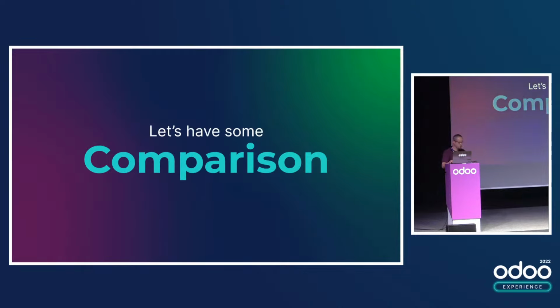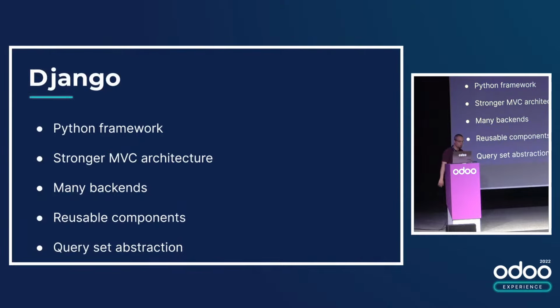So for the comparison, I'm going to go very quickly. I already mentioned Django. It's a Python framework like Odoo. It has, I'd say, a more rigorous MVC architecture. In Odoo, the view, the model, and the controller are somehow mixed into the code, while in Django you really write a class for the model, a different class for the view, and you may even have different classes for the controller's part.